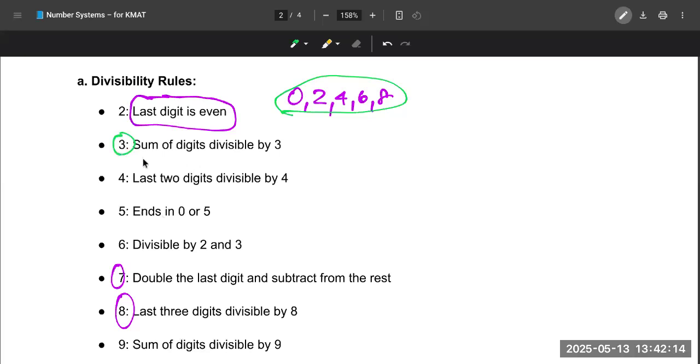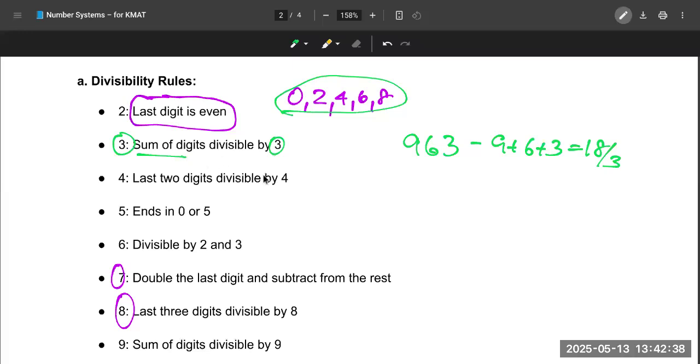A number is divisible by 3 when the sum of its digits is divisible by 3. 963 is divisible by 3 because 9 plus 6 plus 3 is 18, and 18 is divisible by 3. So you take that sum and divide it by 3.